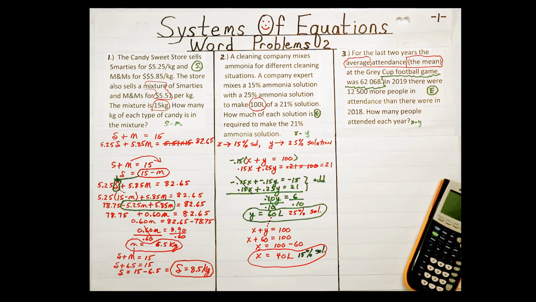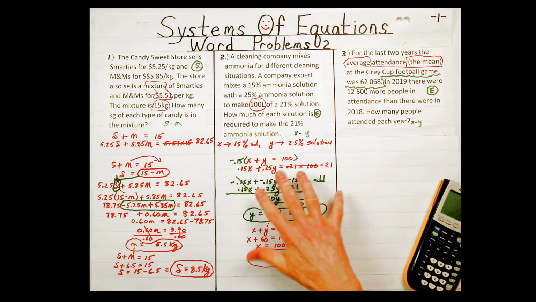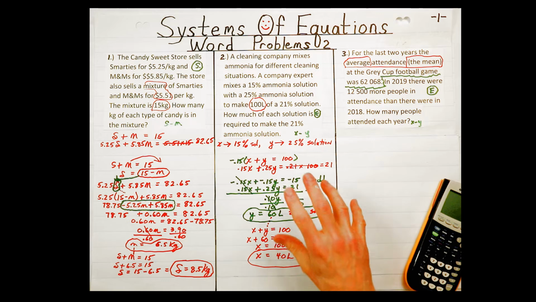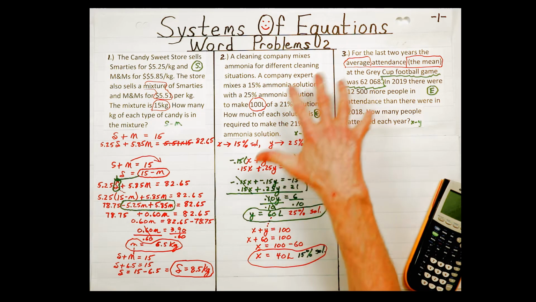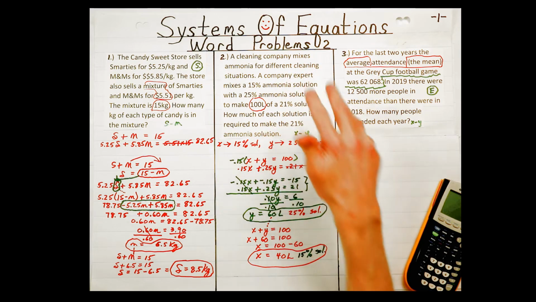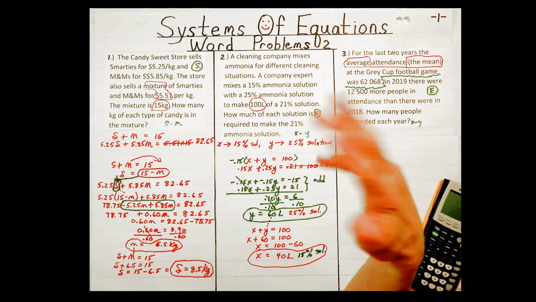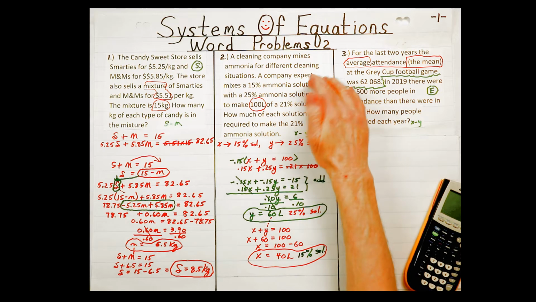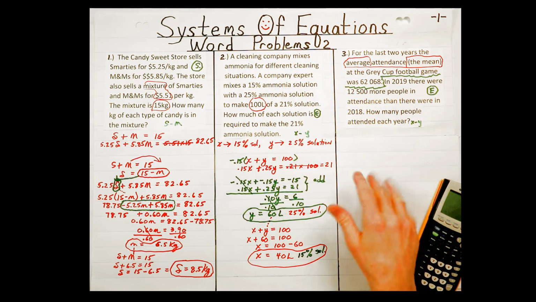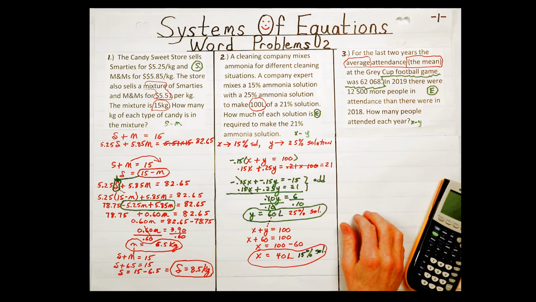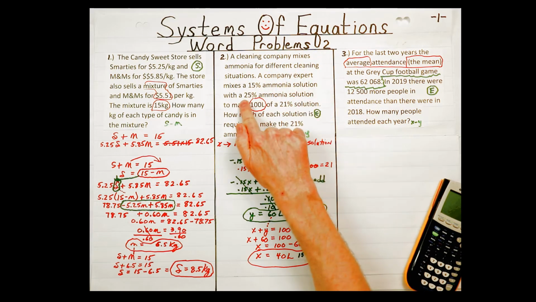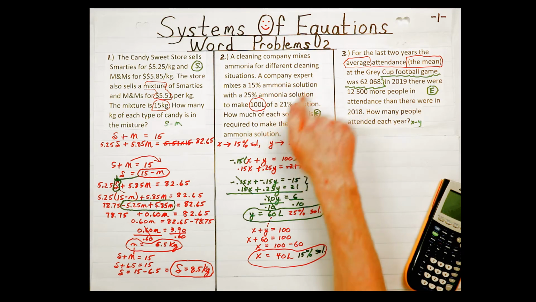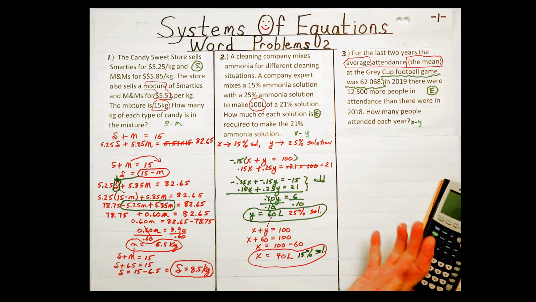I think what makes this question seem harder is that we don't have distinct names for the original products. If these were products at Sobeys, one of them would be named a particular brand and another one would be named another brand. And in this problem, it just says 15% ammonia solution, 25% ammonia solution, and then 21% ammonia solution.